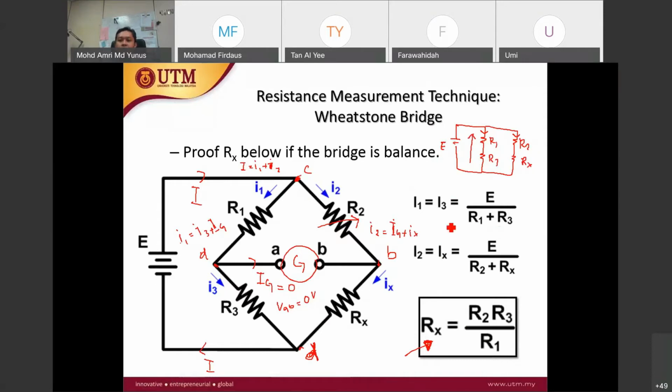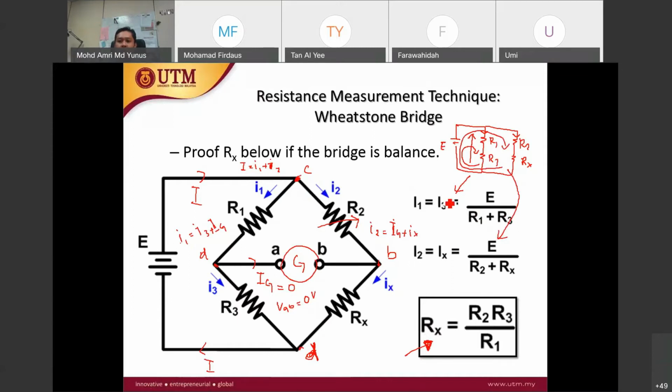So we can do KVL here, Kirchhoff's voltage law, and we get this relationship. Then the second KVL here gives us this equation.